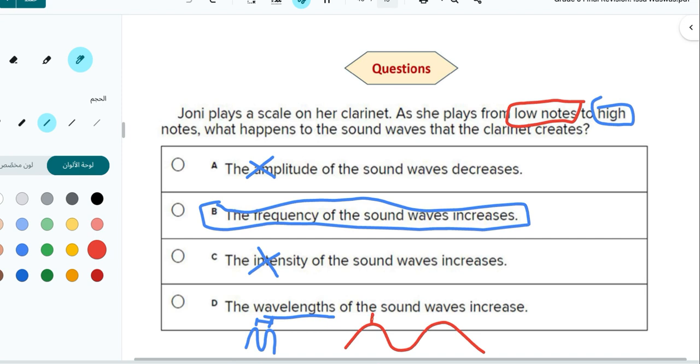So wavelength and frequency are inversely proportional, or opposite. So this will not be true, because as it goes from low to high, the wavelength will actually decrease.